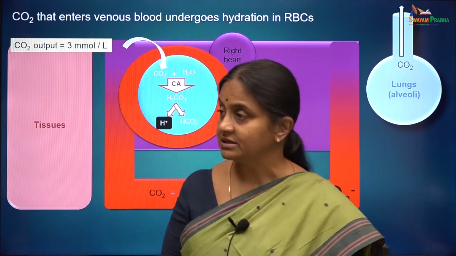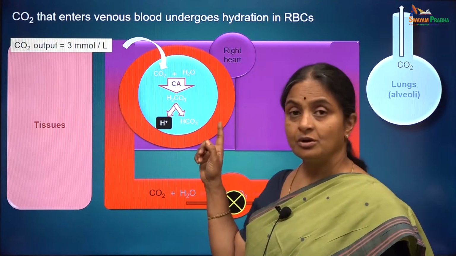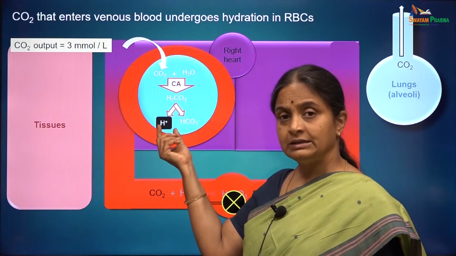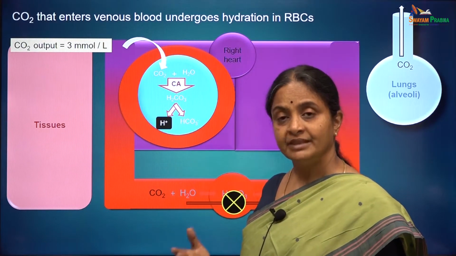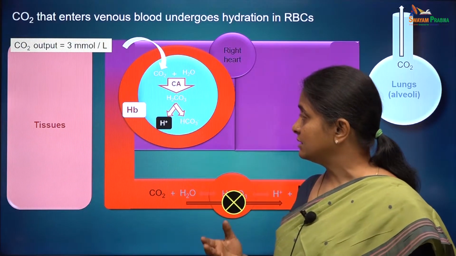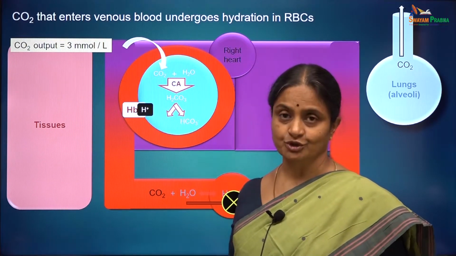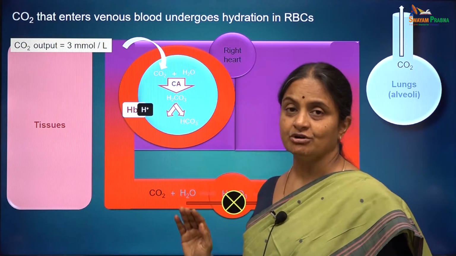The question now is, what happens to the pH of red blood cells? Would the protons here decrease the pH of red blood cells? Will it cause acidification? That does not happen because hemoglobin in the red blood cells can bind free protons, and therefore the pH of red blood cells does not decrease.